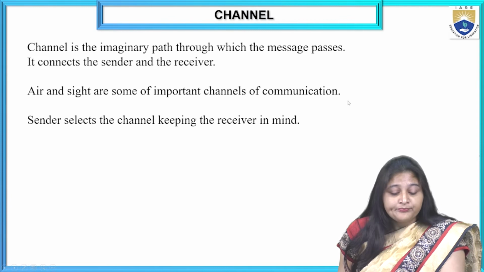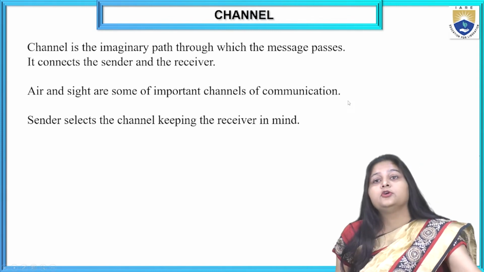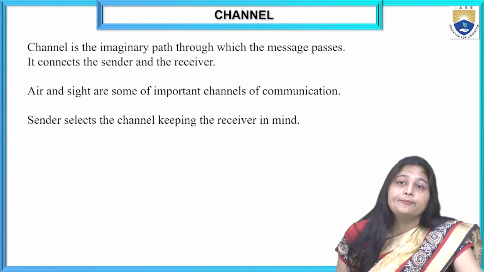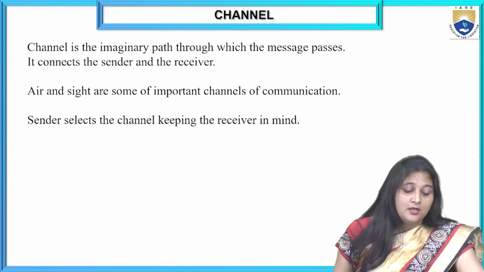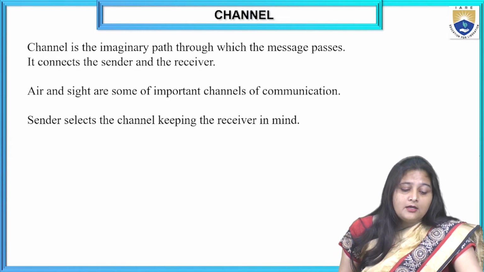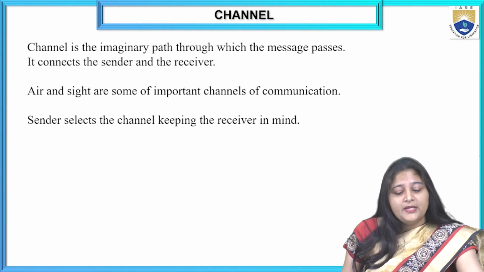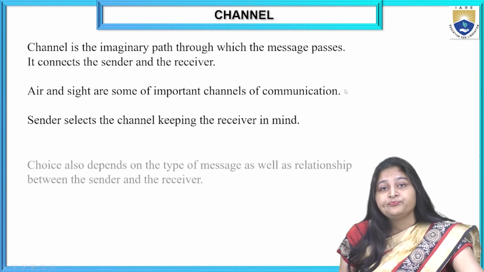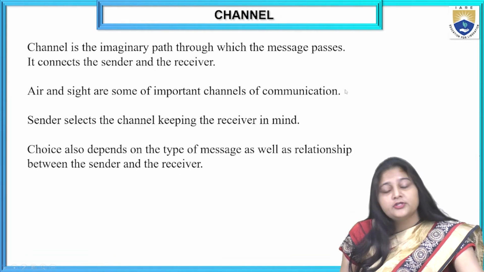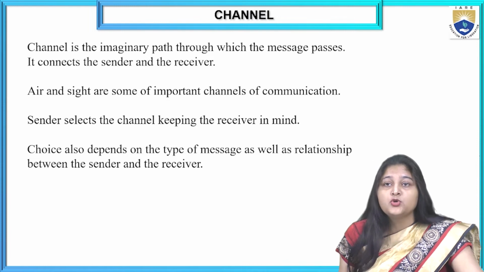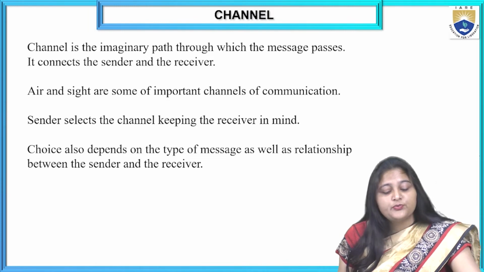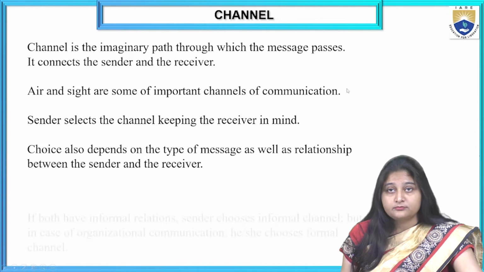Why? Because of your receiver. The receiver should comprehend and understand the message, and that is why the sender selects the channel keeping the receiver in mind. The choice also depends on the type of message as well as the relationship between the sender and the receiver.